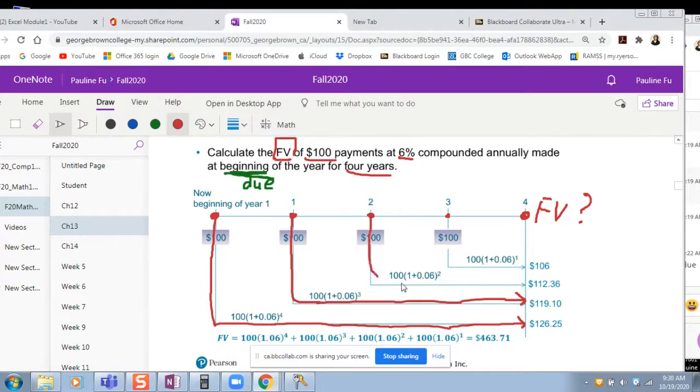Similarly, this one you convert to future value: 100 times 1 plus I raised to power 2. And this one: 100 times 1 plus I raised to power 1. And then you add all these numbers together. That is your future value.